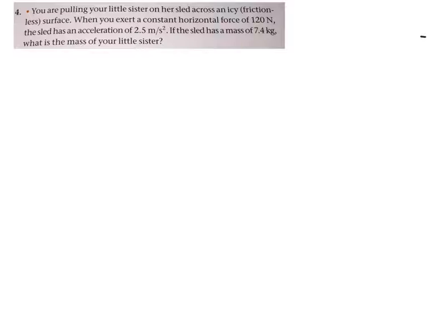There are a couple of bold assumptions in here, which are fine, I suppose, but it's important to recognize. Let's draw a picture. We have the sled, which looks like that, and on the sled is your little sister, and then out here somewhere is you, and you're pulling the sled.